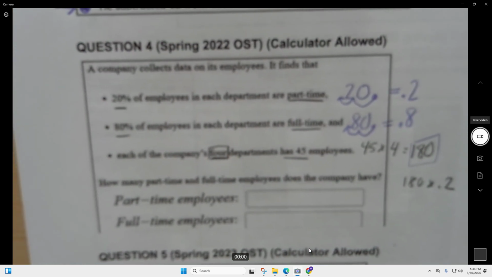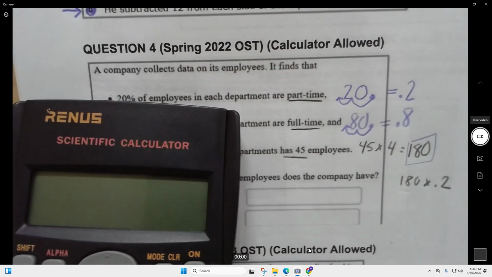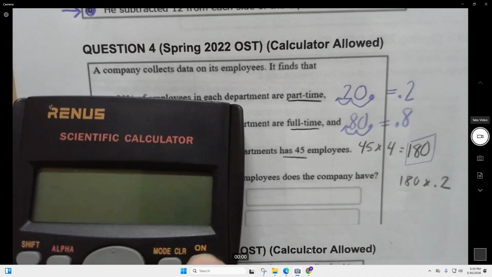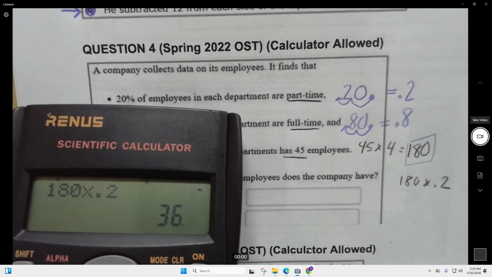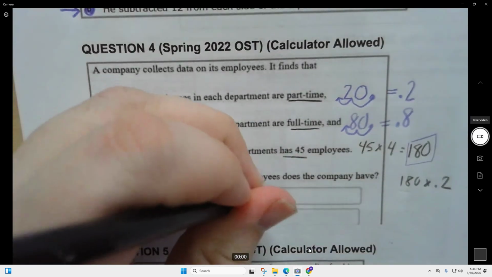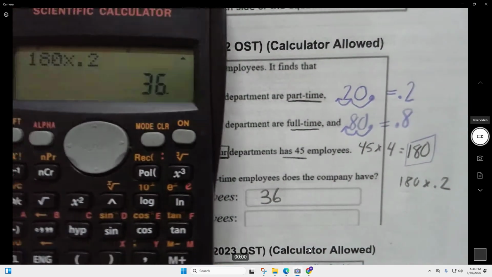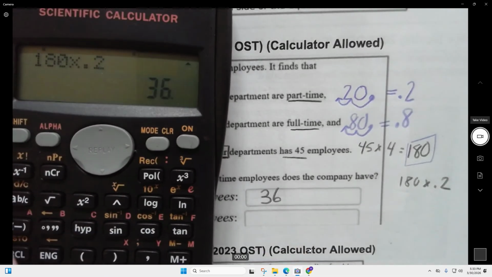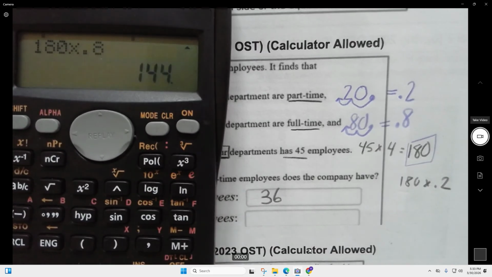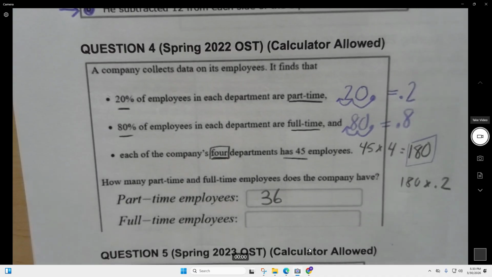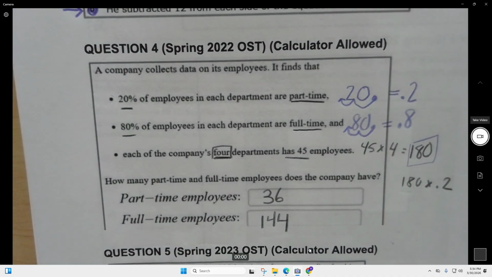That will give you 20% of 180, which, if you go into your calculator, 180 times 0.2 is 36. And then you could either do 180 minus 36, or you could just find 180 times 0.8, which is 144. And that's how many part-time and full-time employees the company has.